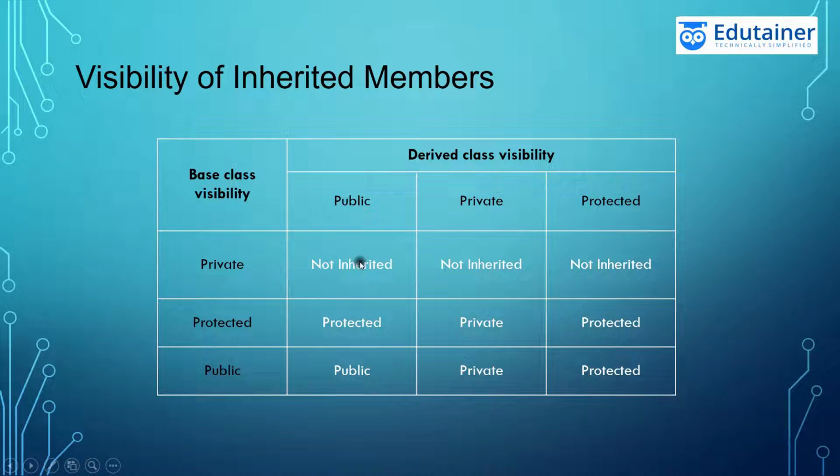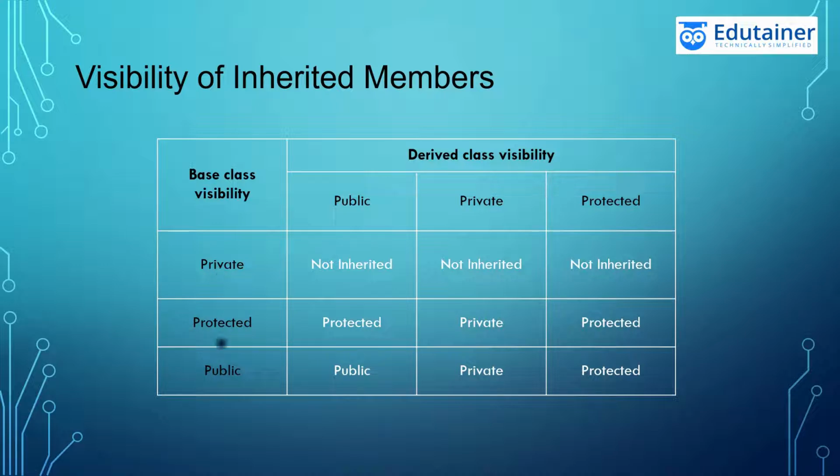Similarly, if both are private, we cannot inherit. If the base class is private and the child class is protected, we still cannot inherit. So once the base class, or parent class, is private, you cannot inherit anything.